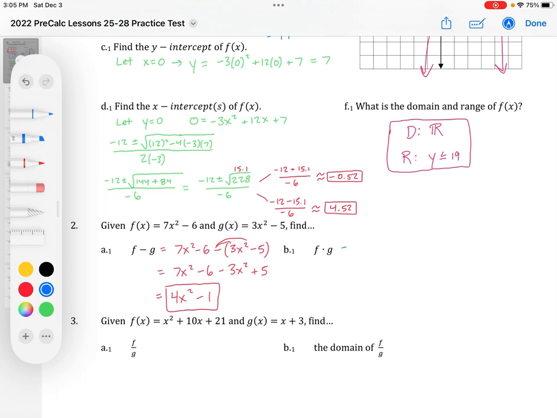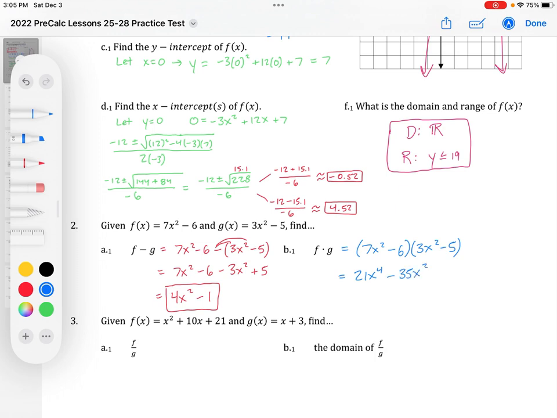All right, f times g is going to be that first function, 7x squared minus 6 times 3x squared minus 5. So this is actually going to end up being a foiling problem. 7x squared times 3x squared is 21x to the 4th. 7x squared times negative 5 is minus 35x squared.